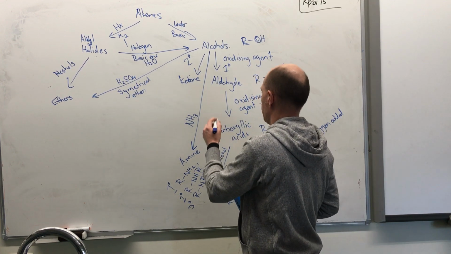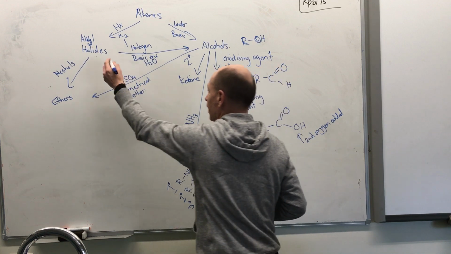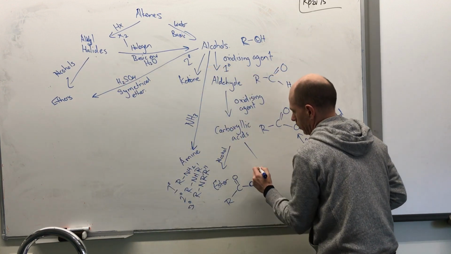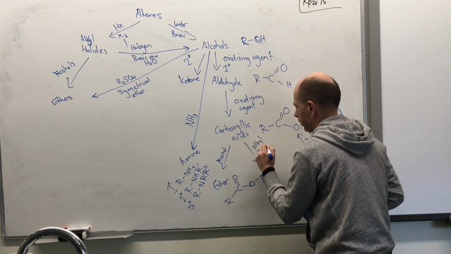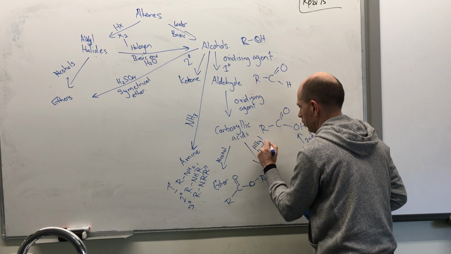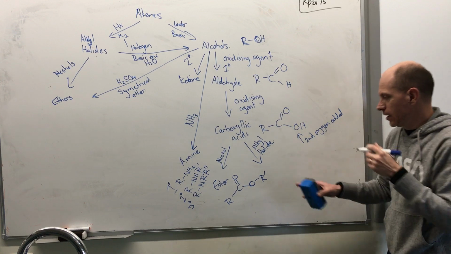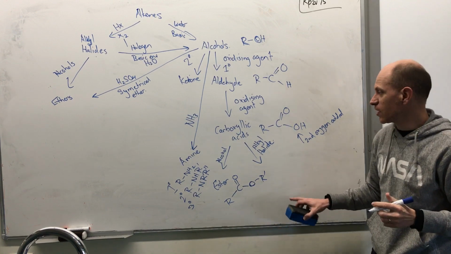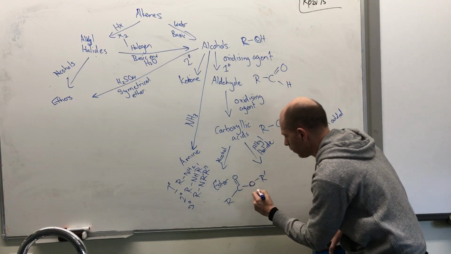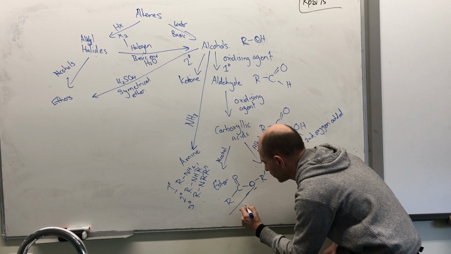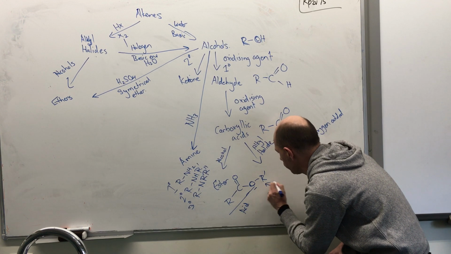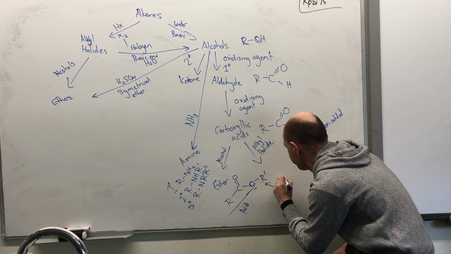So if you've got a carboxylic acid and an alkyl halide, you can form an ester, where this whole portion comes from the acid, and the R group comes from the alkyl halide.